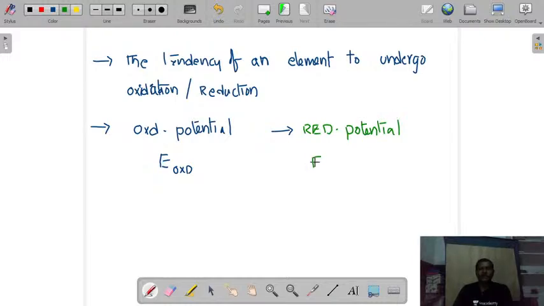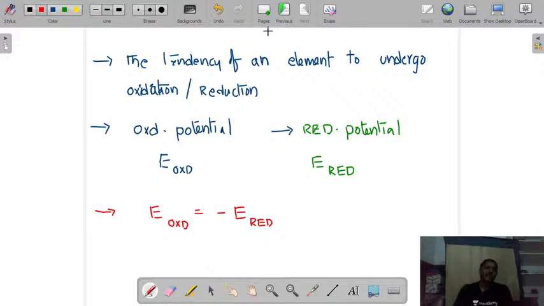Tendency of an element to undergo reduction is called reduction potential. For any element, oxidation potential is equal to reduction potential, but opposite in sign.